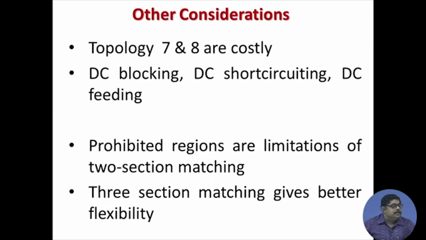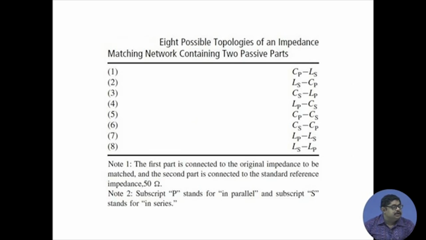Also, some other considerations: topology 7 and 8 means both the components are inductances. Now, fabricating an inductance is difficult at high frequencies, and inductances are also costlier than capacitances.